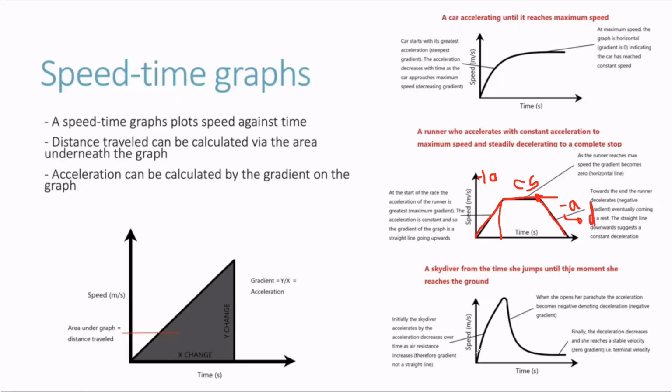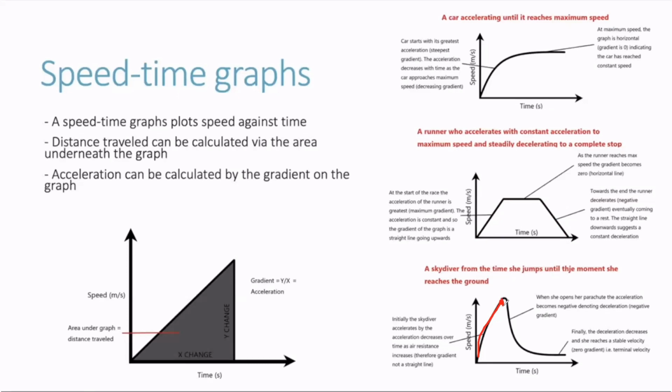And here we can see a skydiver, from the time she jumps until the moment she reaches the ground. She jumps and her speed starts to increase. And slowly, when she reaches the maximum velocity, she opens up the parachute. The acceleration becomes negative, denoting the deceleration.